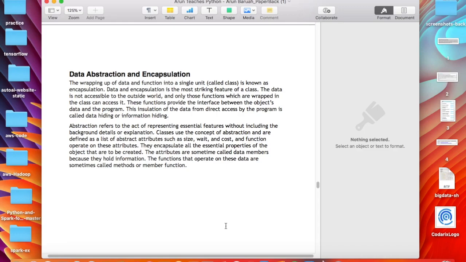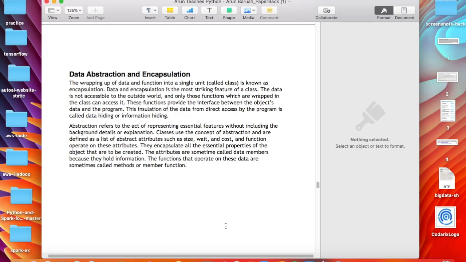So the wrapping of data and function in a single unit, which we call class, is known as encapsulation. Data encapsulation is the most striking feature of a class. The data is not accessible to the outside world, and only those functions which are wrapped in the class can access it.